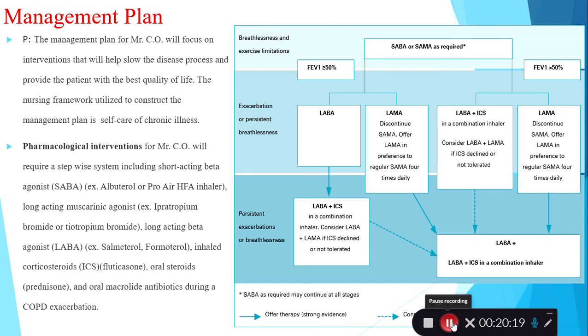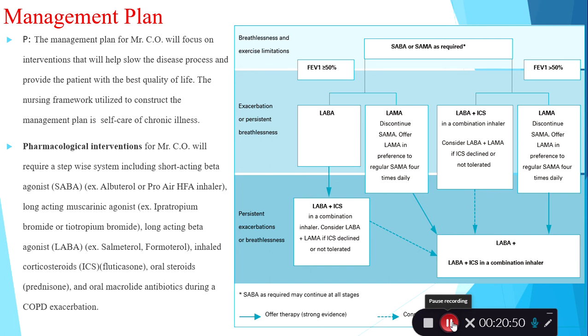Some pharmacological interventions that Mr. CO will require include a short-acting beta agonist or a SABA, such as albuterol or ProAir HFA inhaler. Also, a long-acting muscarinic agonist, such as ipratropium bromide or tiotropium bromide.